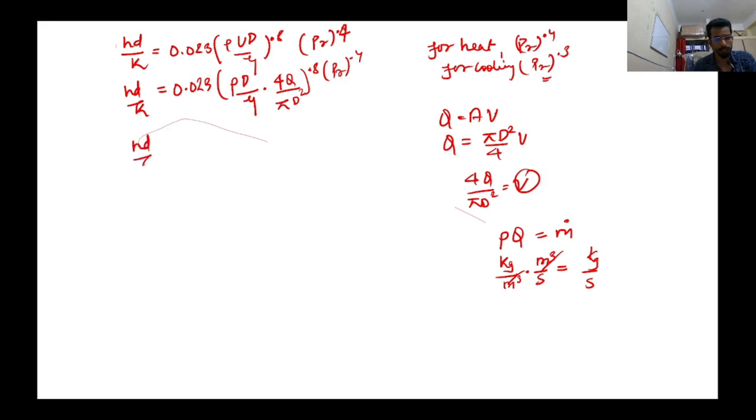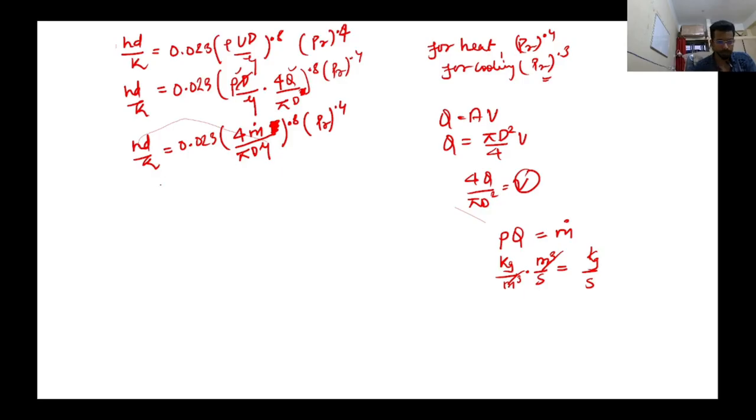Now just replace it. h d by k is equal to 0.023. I will write this density and this Q; if I multiply, I will write 4m into d. I will cut this d from this d, so it will be 4m upon pi d mu, to the power 0.8, Prandtl 0.4.